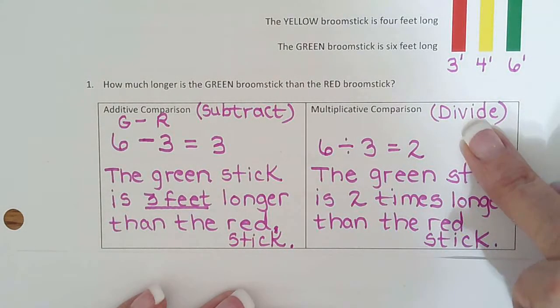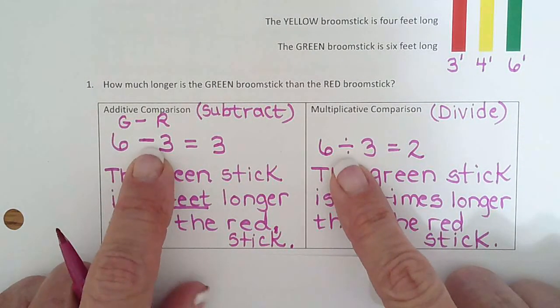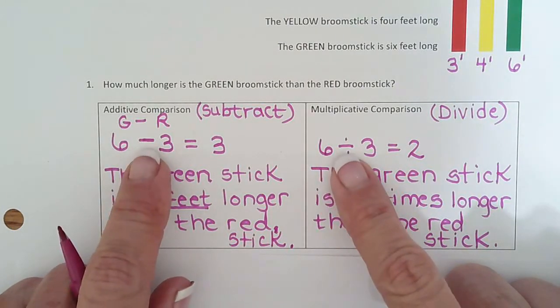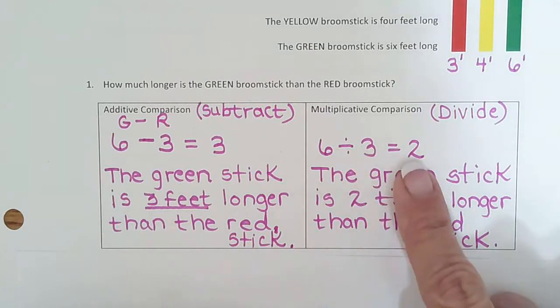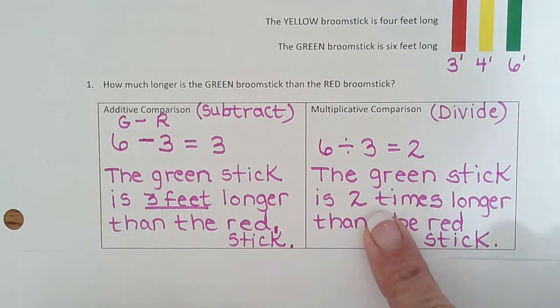Multiplicative reasoning tells us to divide. So remember how I said just change this to a division sign. Don't change the order. So 6 divided by 3, green divided by red, is 2. And remember, when it's multiplicative, we use the word 2 times. So the green stick is 2 times.